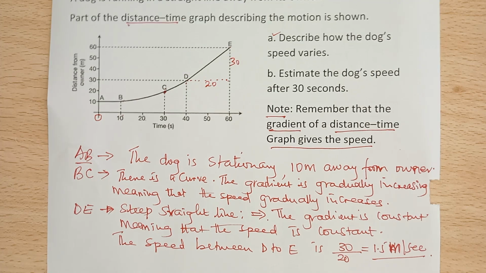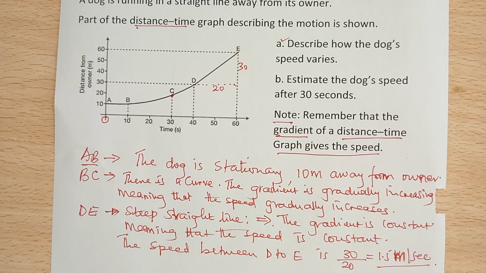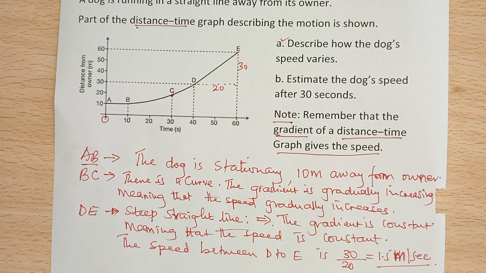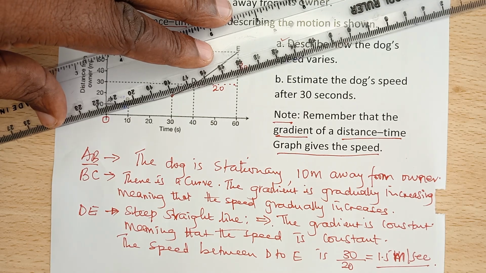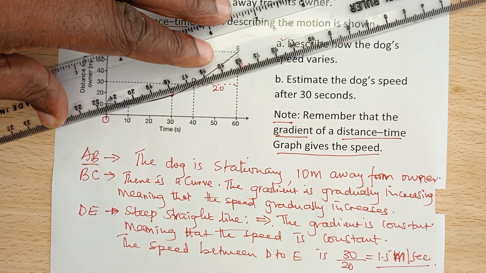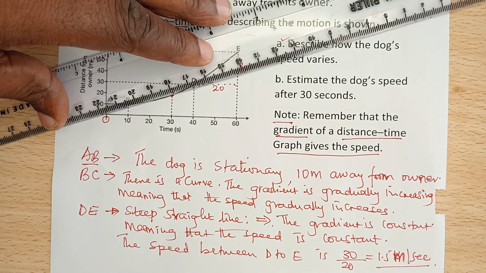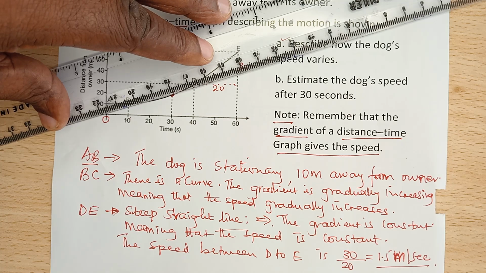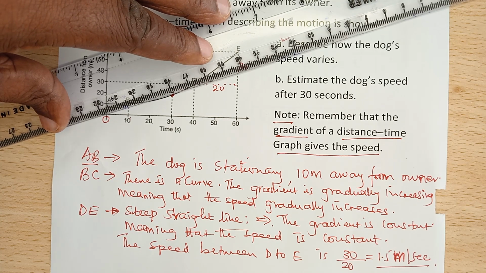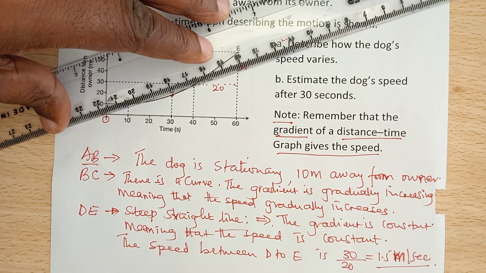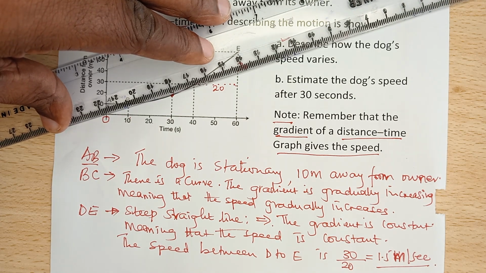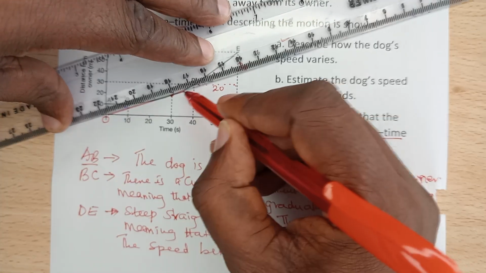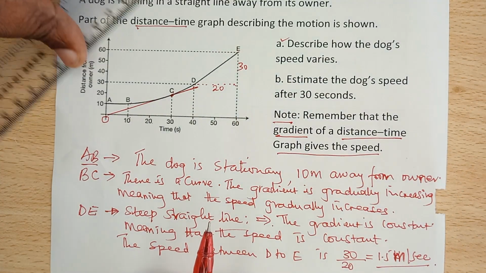Because at 30 seconds we have a curve, the only thing we can do is construct a tangent at point C, a good tangent that touches the curve at that point.